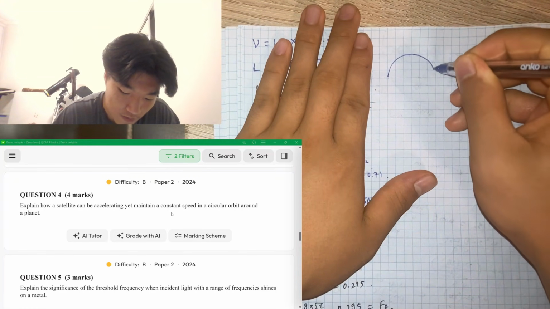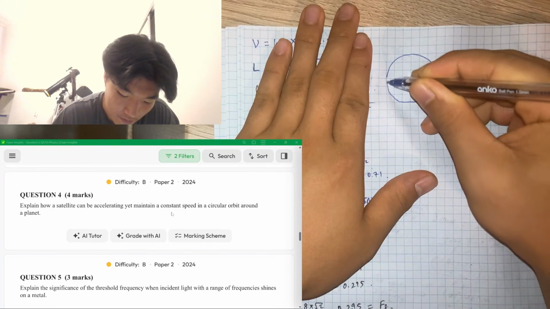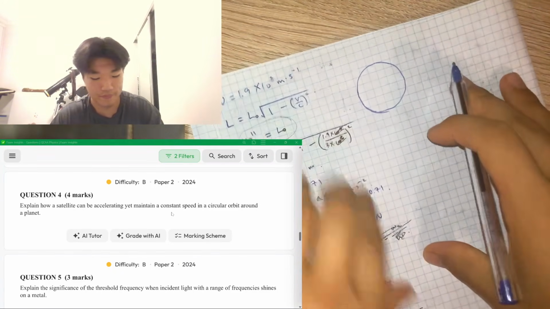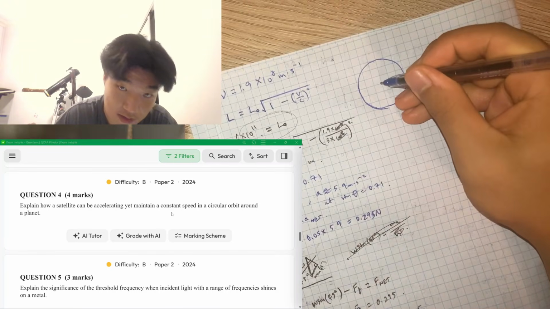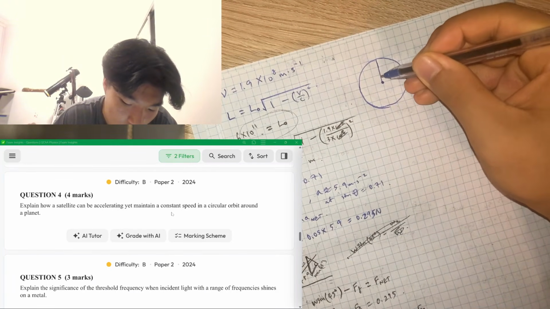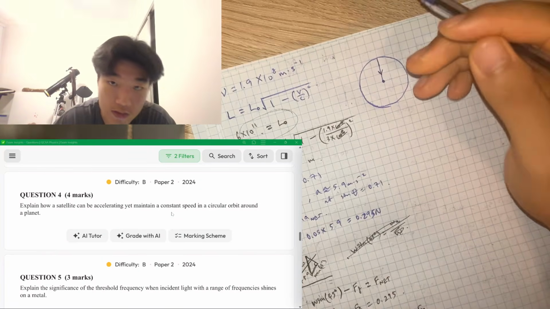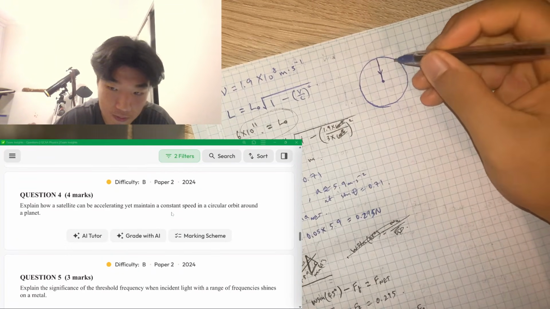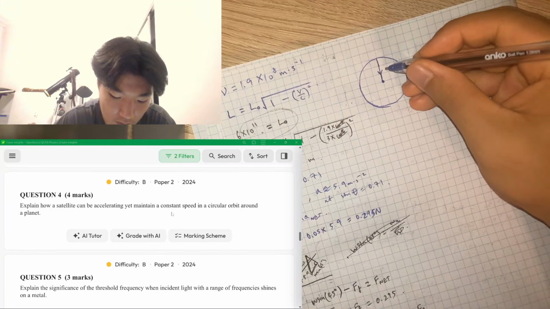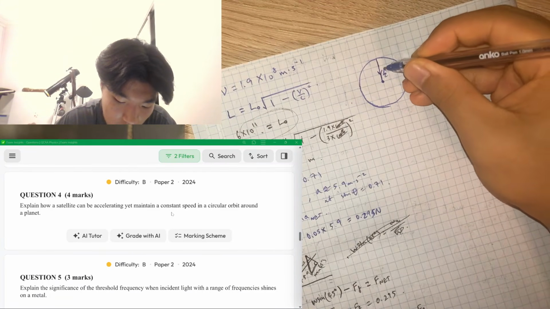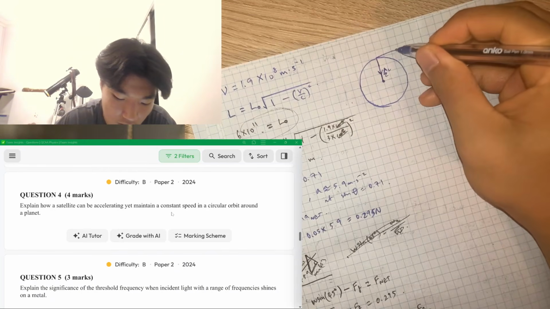Let's draw a circle. In this case, this is the center of motion. Centripetal acceleration is always acting radially inwards towards the center, right? So this is the centripetal acceleration.